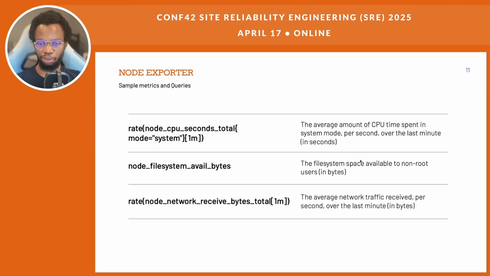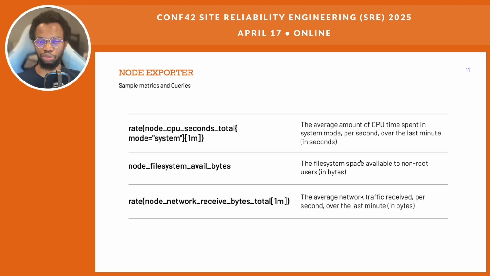So for example, things like the CPU seconds, the available storage, memory utilization, network traffic, all of that can be exposed by the Node Exporter. They are standard system metrics and you don't need to configure anything. The Node Exporter just makes those available, and then that data can be ingested into Prometheus.